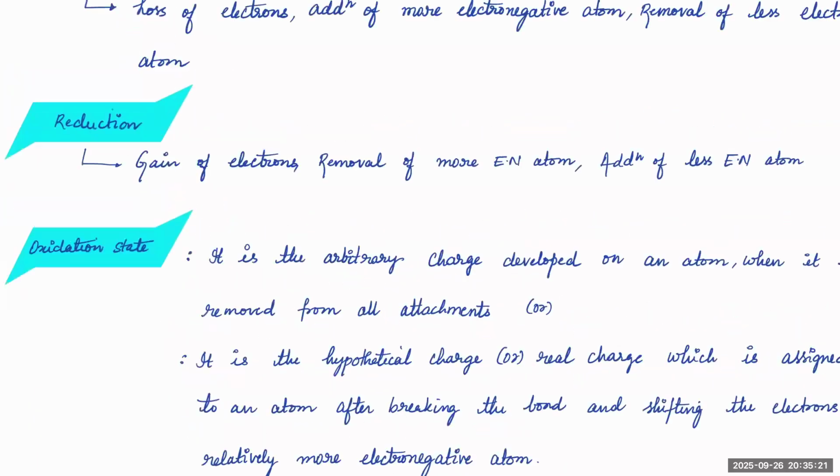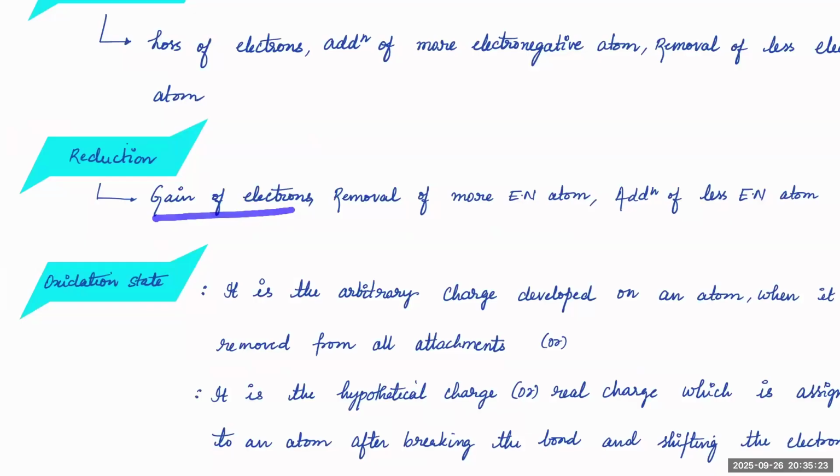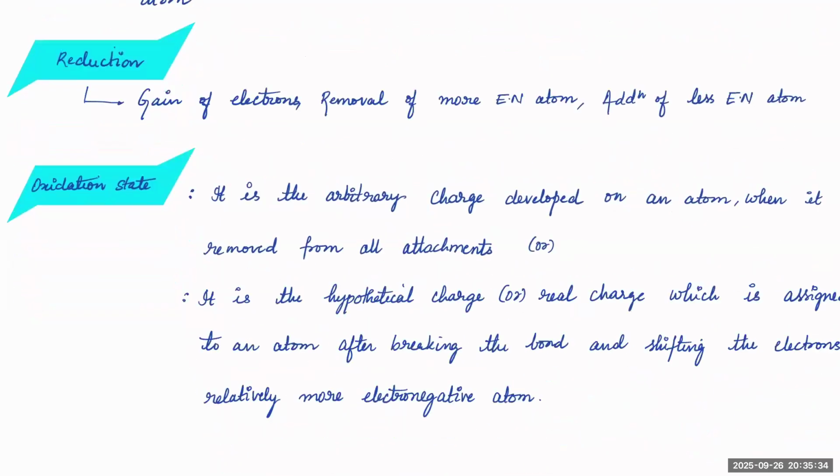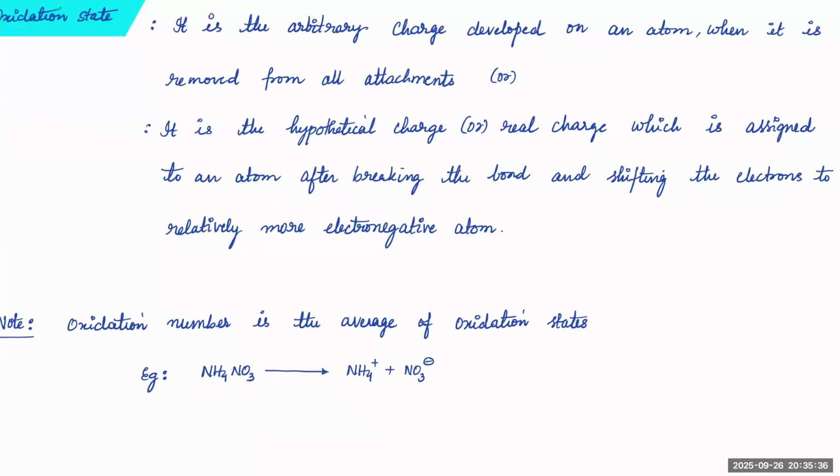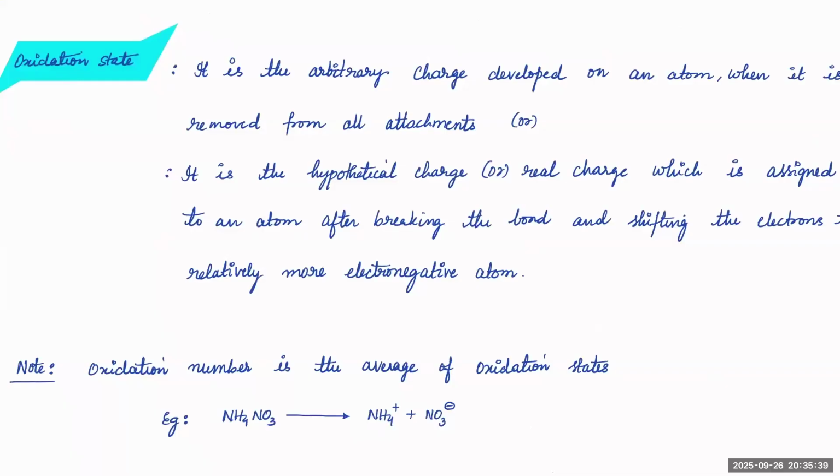Similarly, if there is a gain of electrons, removal of a more electronegative element, or addition of less electronegative atoms, that implies reduction. Now, terminologies like oxidation state become an important parameter to discuss whether a species is undergoing oxidation or reduction.